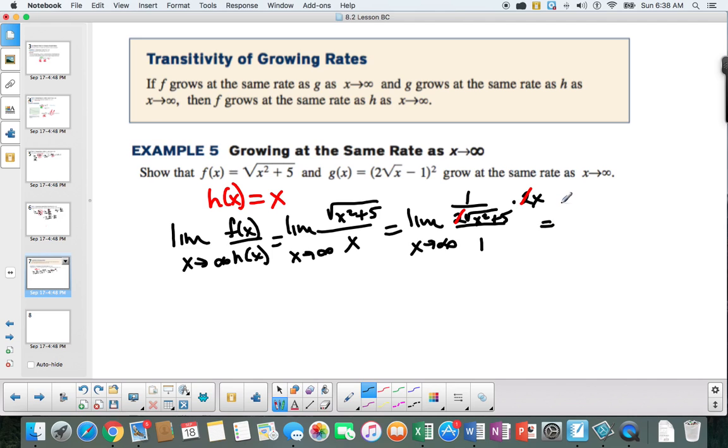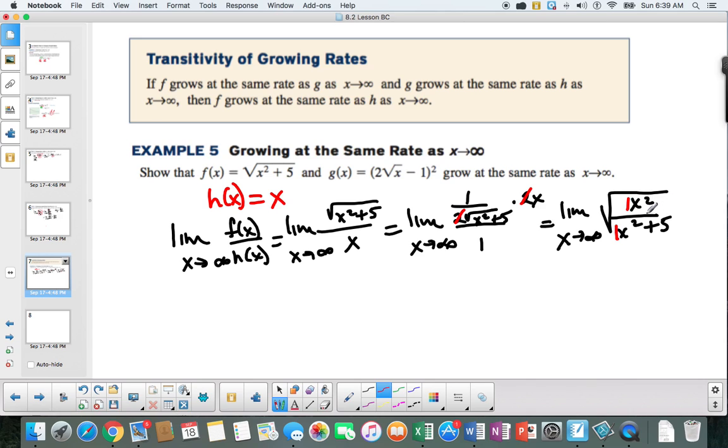Or actually, I think what I would rather do is get this into 1 square root, which is probably what I should have done in the beginning. So this is going to be x squared all over x squared plus 5. And we can see by the dominance rule here that we're just going to look at the coefficients.